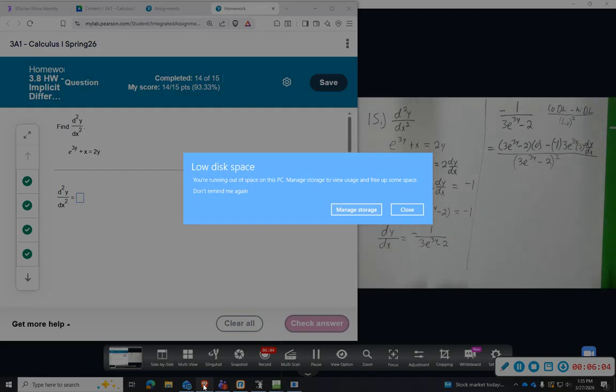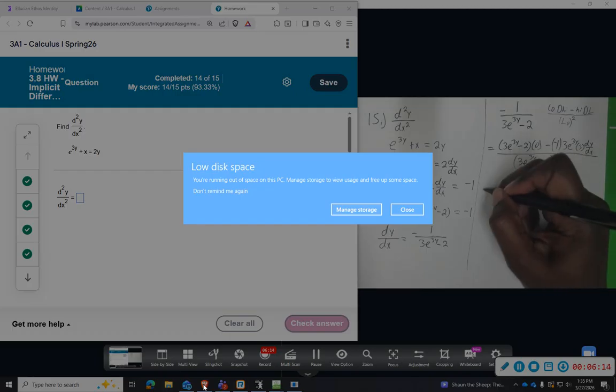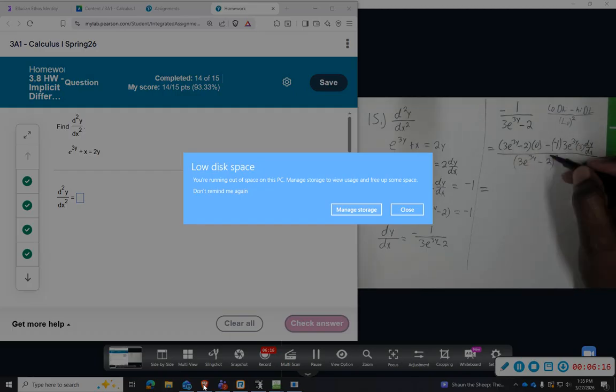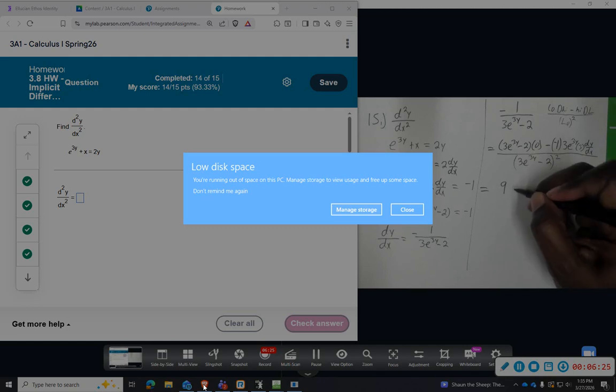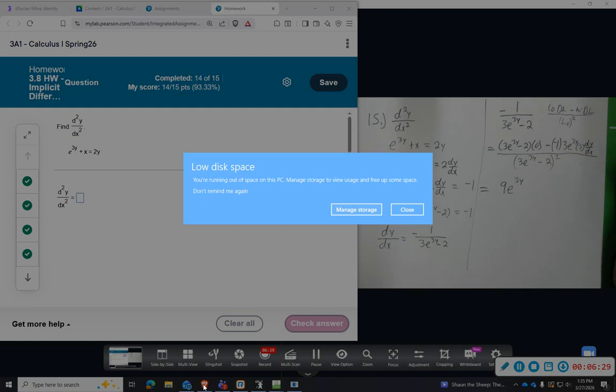All right, I'm going to clean this up. We're going to have to use dy dx, which is what we just got here, and multiply that up here to simplify everything. So that part zeroes out. So to clean this up a little bit, negative times a negative is a positive. 3 times 3 is 9, so I'm going to have a 9e to the 3y. Negative, negative is positive.